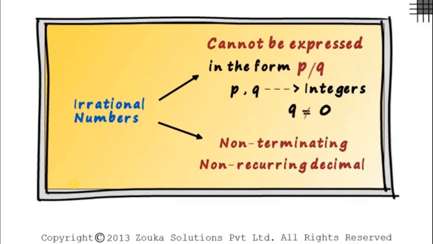So always remember, if you cannot change a number into a fraction, it is an irrational number. The second one is that non-terminating and non-recurring decimals are also irrational numbers. And the square root of any non-perfect square number is an irrational number too, because when you get the value of those numbers, you have a non-terminating and non-recurring decimal.